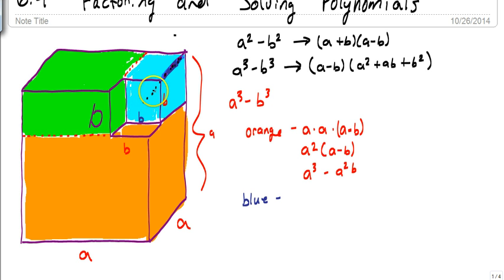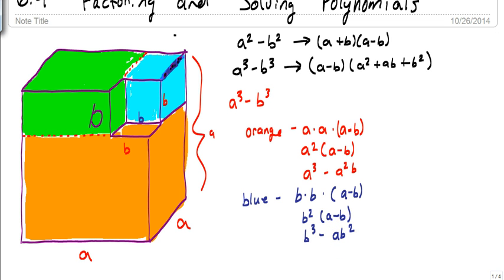And I'm missing this piece, and that distance is b. So I've actually got b times a minus b, which leaves me with b squared times a minus b, or, let's write the b cubed first, b cubed minus ab squared.